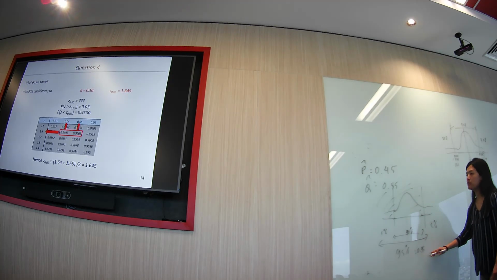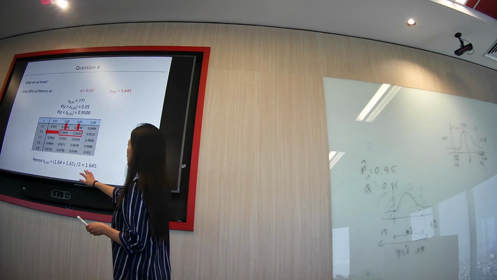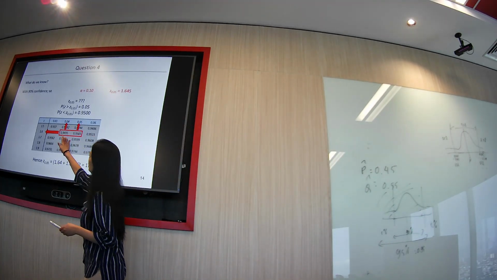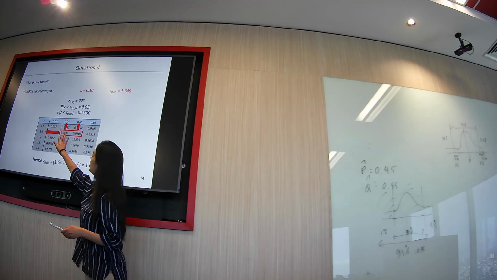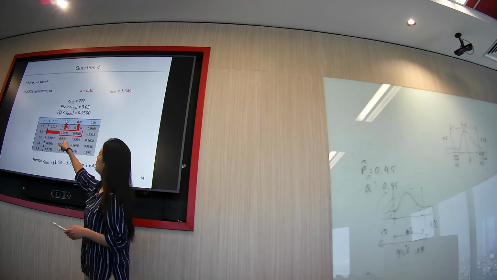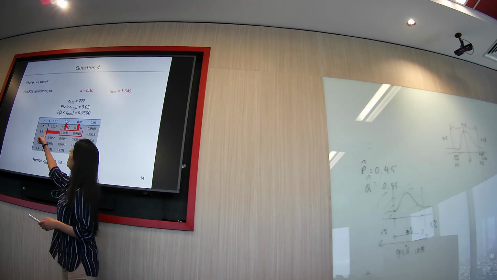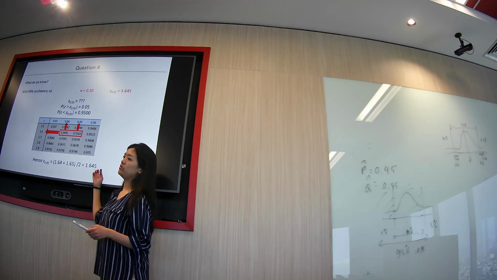You see from the z-score table, 0.95 has two values, 1.64 and 1.65. To get the number, you add them and then divide by 2.